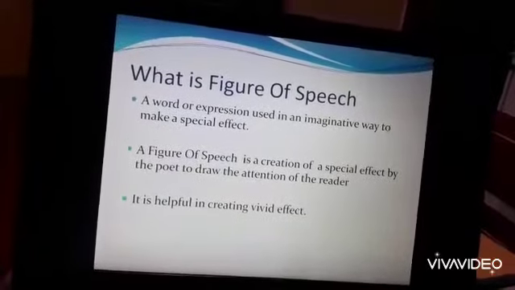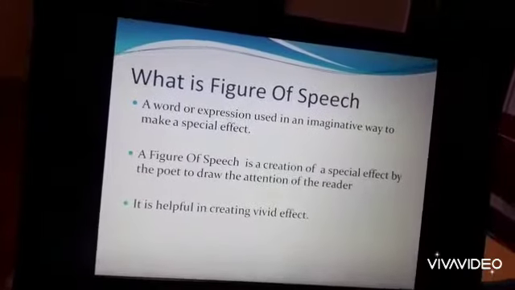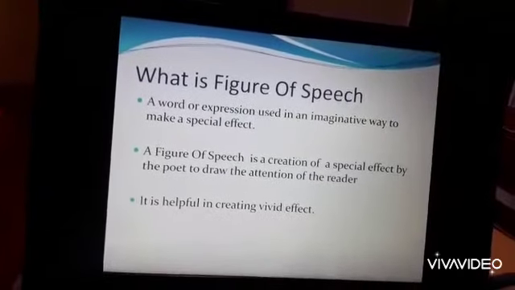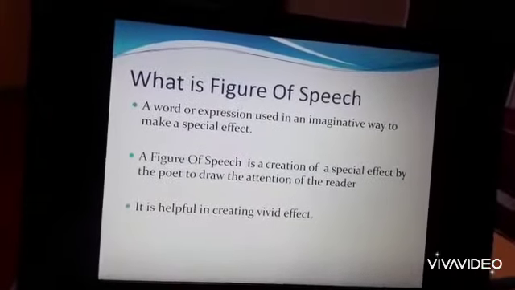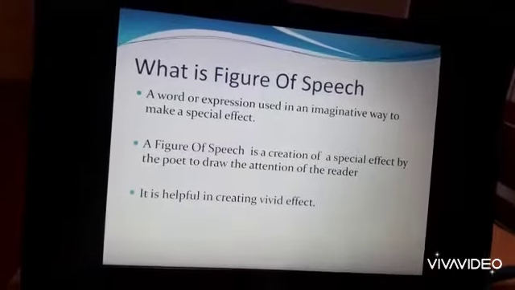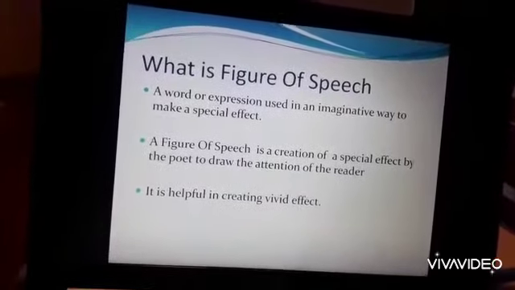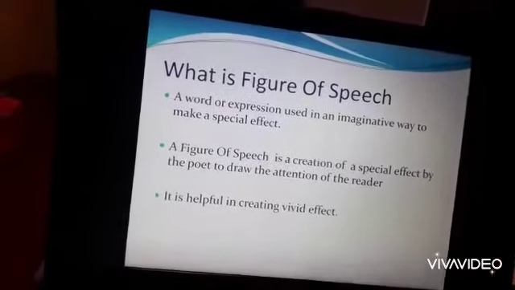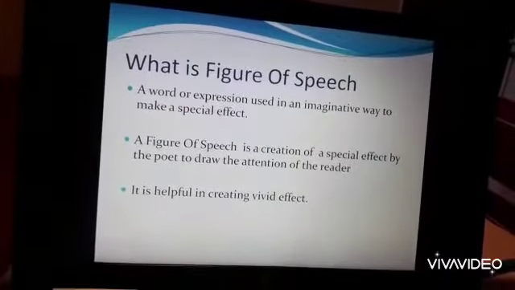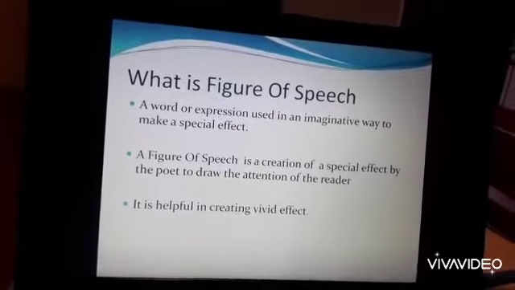Now, the very first thing we are going to discuss today is, what is figure of speech? It is a word or expression used in an imaginative way to make a special effect. A figure of speech is a creation of a special effect by the poet to draw the attention of the reader.